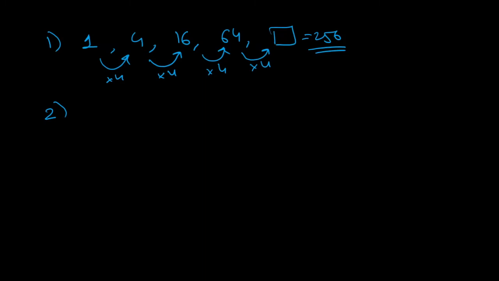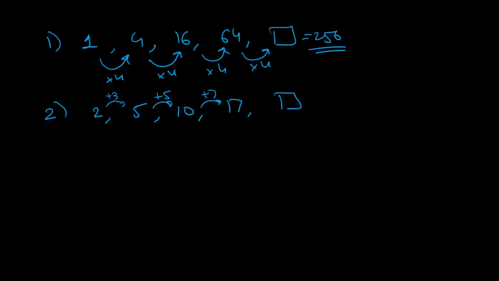Let's do another example. We have 2, 5, 10, 17, and this is our next number that we have to find. Again, you can see this is being incremented by plus 3, this is being incremented by plus 5, plus 7. Maybe you might not see the immediate pattern, but if you look here, it's being incremented by 3, 5, 7.